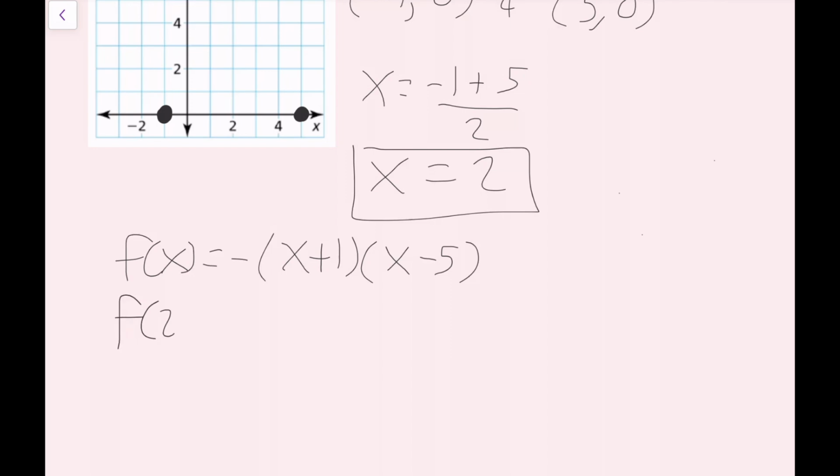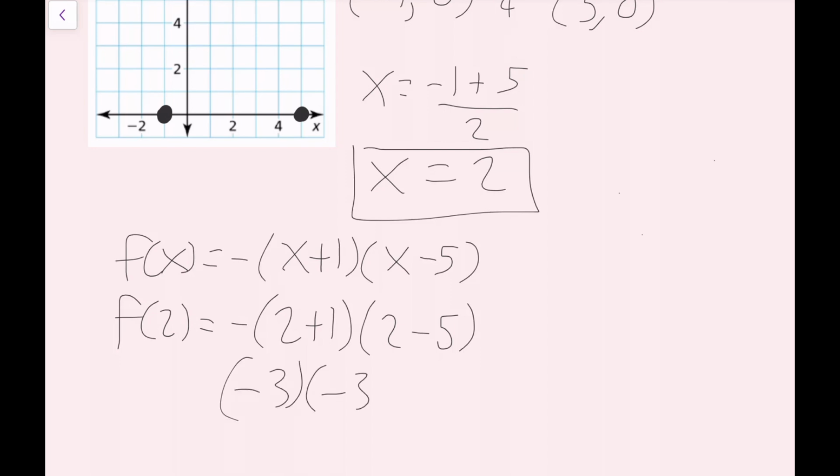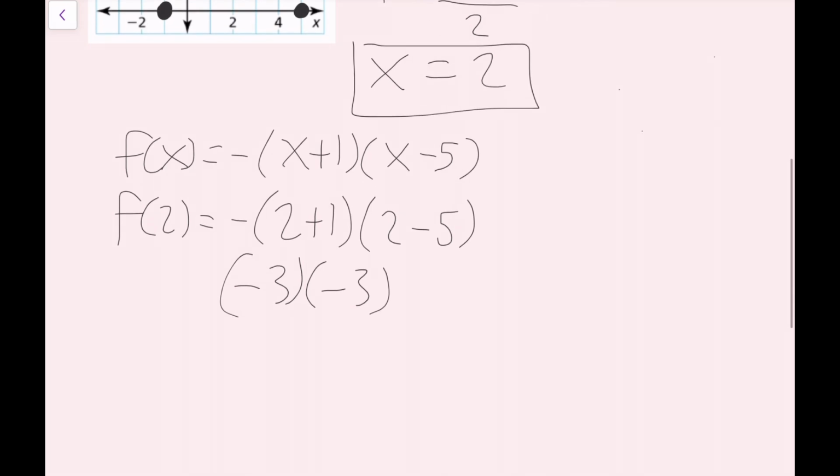So this is f of 2 equals negative, 2 plus 1 times the quantity 2 minus 5. And then when I simplify this, well, this is negative 3 times negative 3. And that is going to give us the point positive 9. So f of 2 equals positive 9.